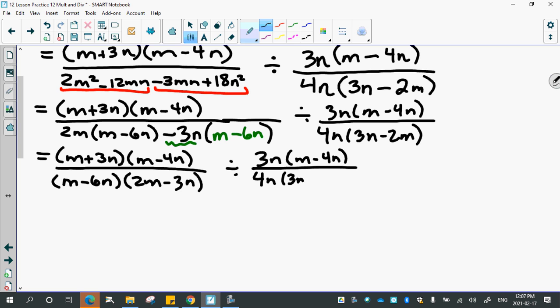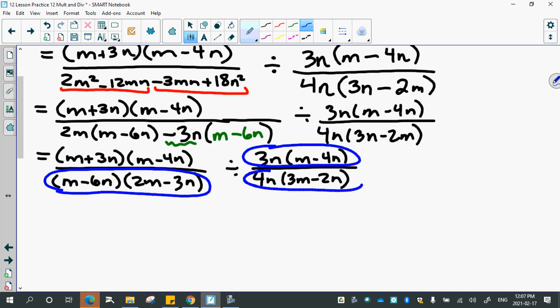So it took all those steps just to get everything fully factored, right? Once you have everything fully factored, that's when you look for restrictions. So with a divide question, you look here, here, and here for restrictions. And these ones have two variables, so they're a little bit more challenging.